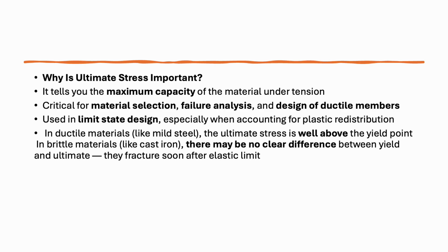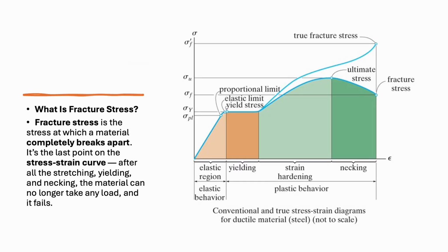In brittle materials, for instance cast iron, there may be no clear difference between yield and ultimate. They fracture soon after the elastic limit. So that is the difference between ductile and brittle. A brittle material will fail without any previous notice, but in a ductile material you will have several stages before the fracture point.